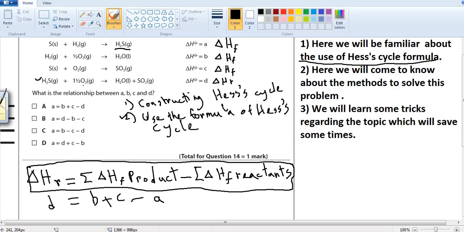The formation enthalpy of oxygen is 0, since oxygen is an element. I hope that you have got the answer. The answer is A.